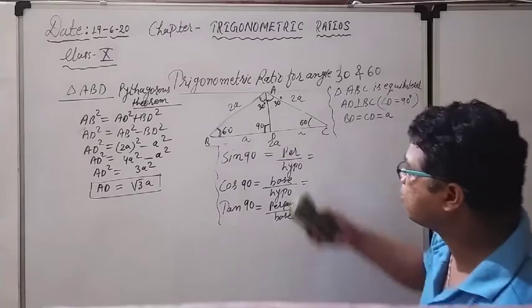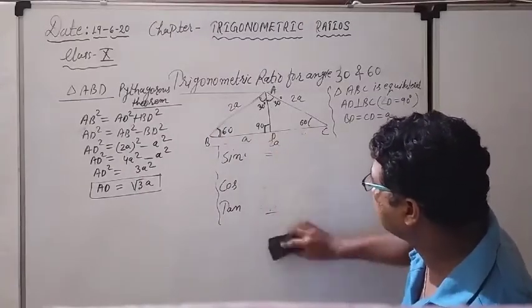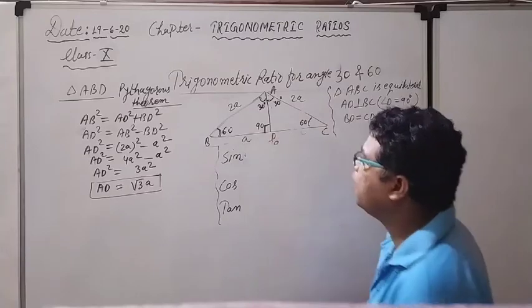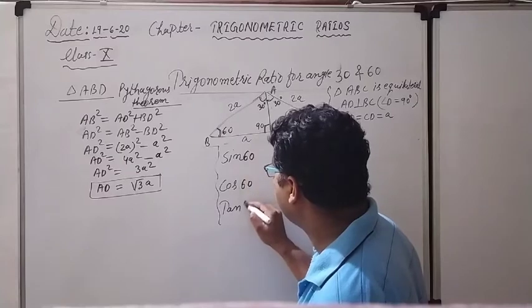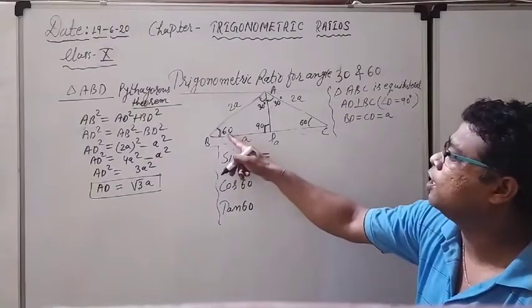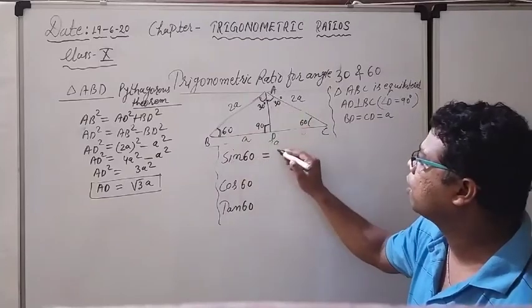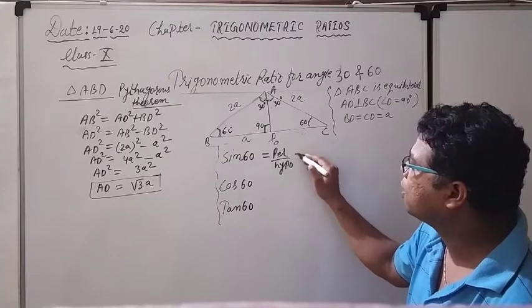Right now, all six values we have to find out. Suppose I am going to find sine 60, cos 60, tan 60. Look here, what is sine 60? Sine 60 is equal to perpendicular upon hypotenuse. What is the perpendicular?